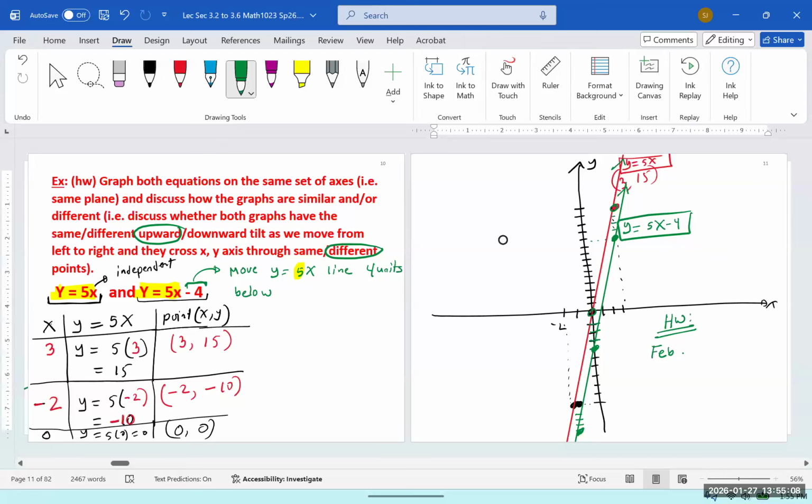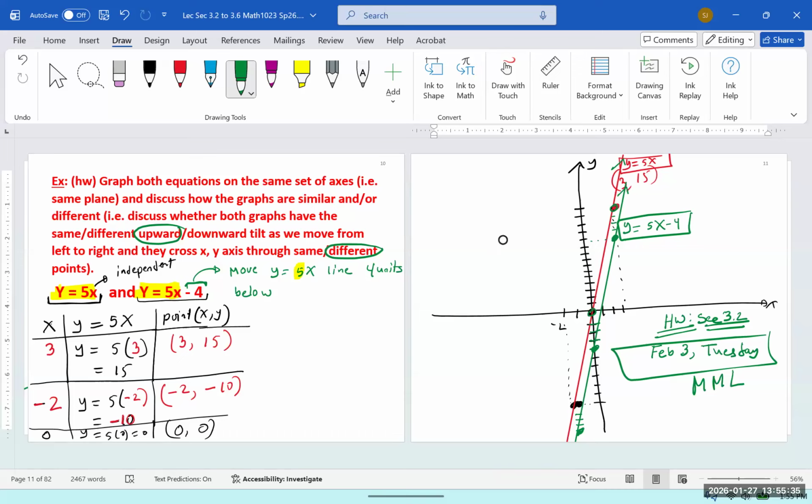February 3, homework, section 3.2. February 3, Tuesday, midnight. Yep, on MyMathLab.